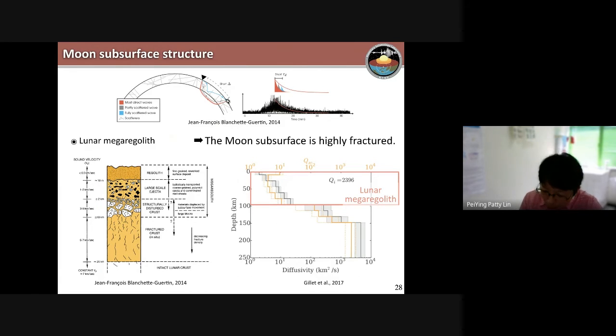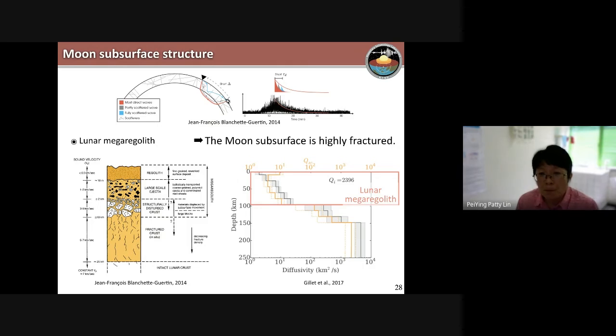Since we notice that, we know that there are lots of heterogeneities in the moon's subsurface. This surface layer we call the lunar megaregolith. In this layer, there is a lot of very fine scale and fractured structure.